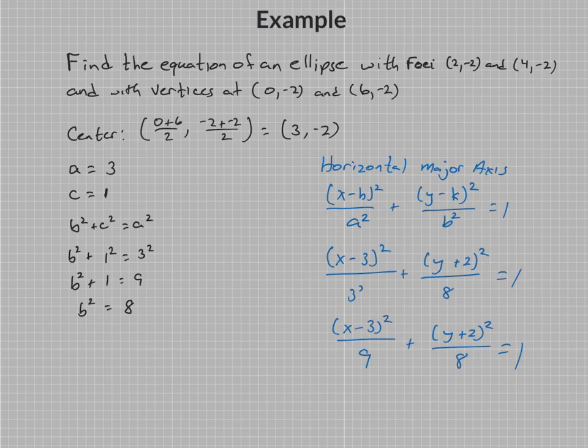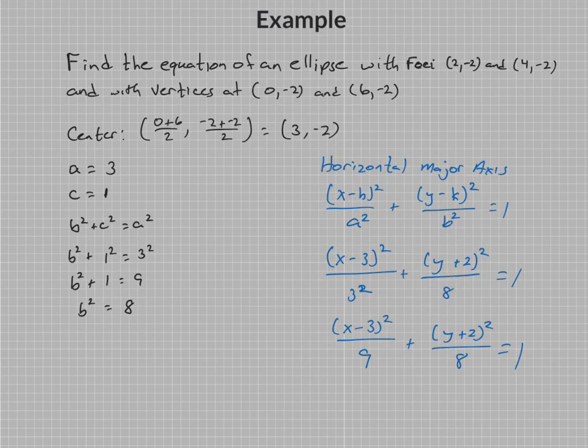So I have (x minus 3) squared in the numerator, and (y plus 2) squared in the numerator of the second term. Since a equals 3, I replace a with 3, and b squared is 8, so I put 8 in for b squared.